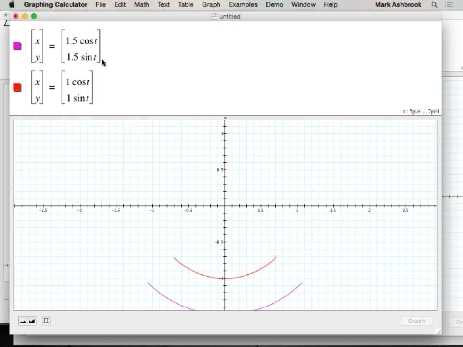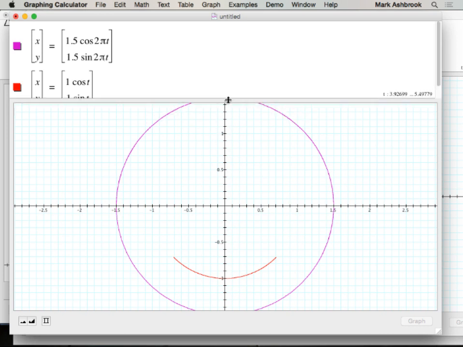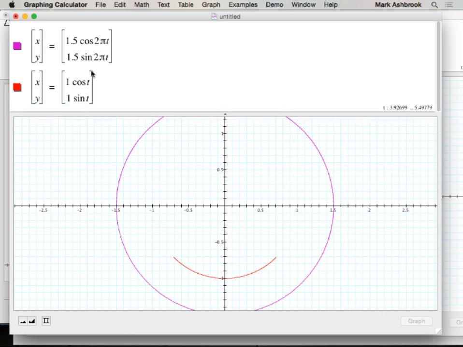Do 2 pi t for the purple one. So now what's really happening? Is it really graphing that first one from 0 to 2 pi? No, it's getting all the points, but kind of in a weird way, right?